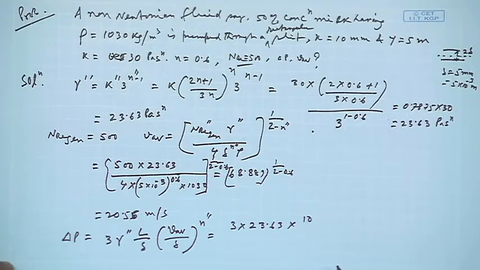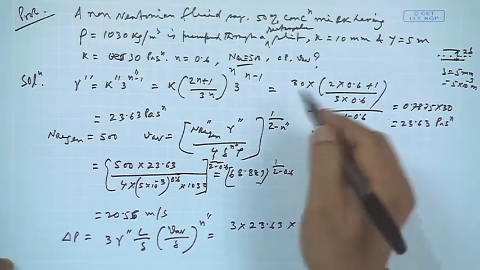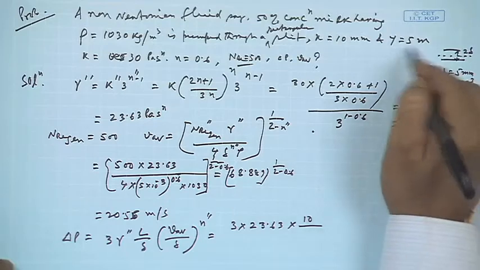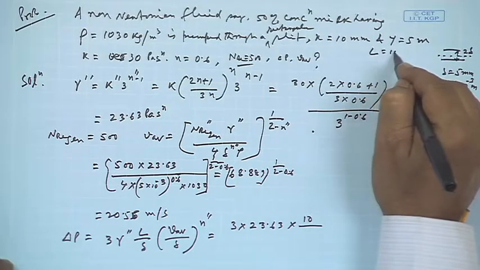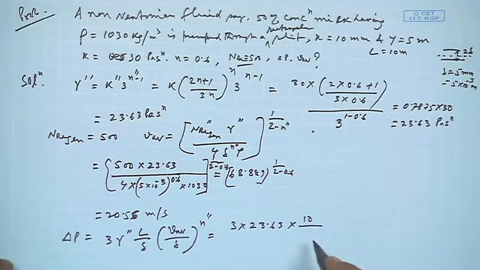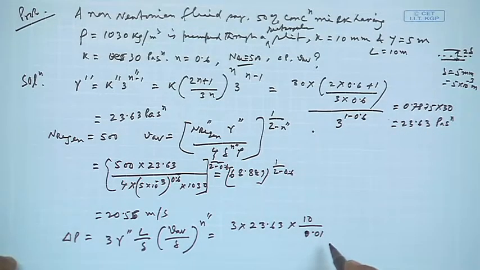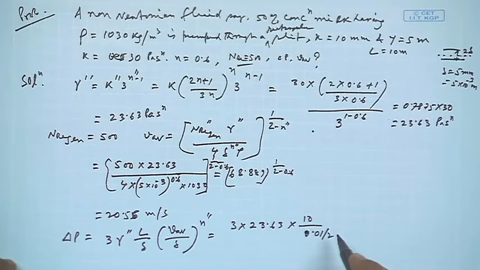L is the length, which remains the same, L equals 10 meter, divided by D, where D is 0.01, so 0.01 divided by 2.